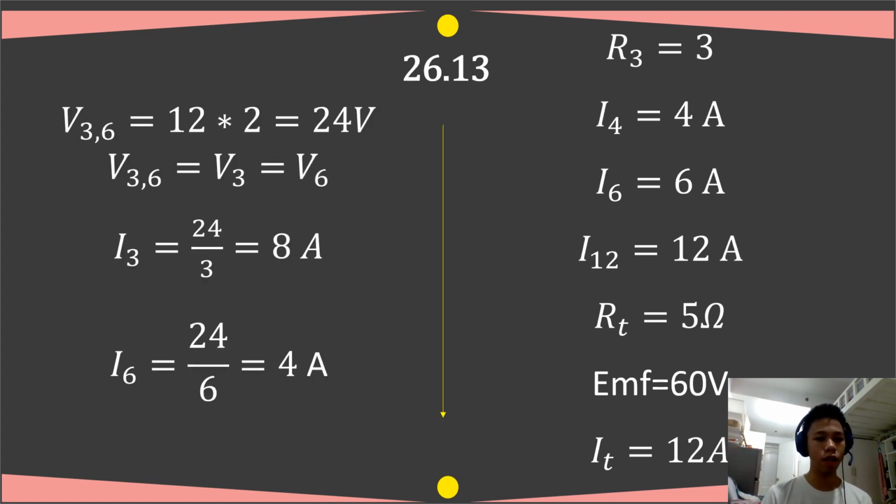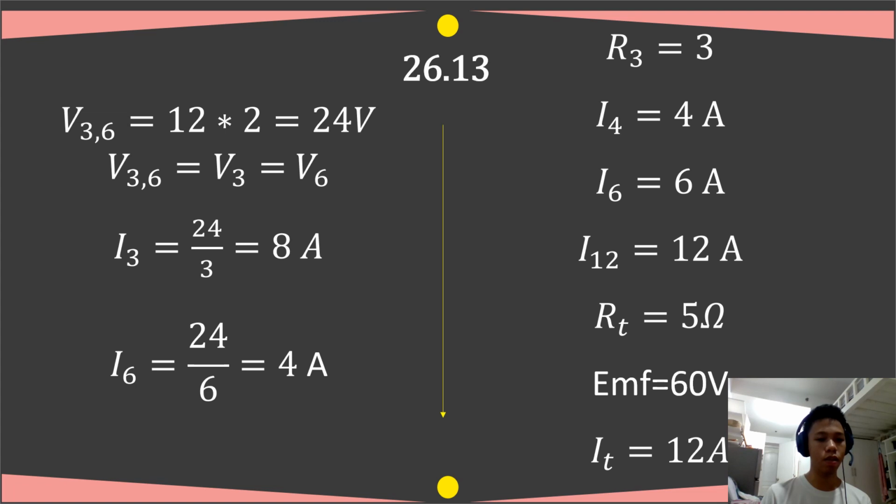After that, you get the voltage across 3 and 6 using V equals IR, and you're going to get 24 volts. Since the resistors are in parallel, the total voltage across 3 and 6 is equal to the individual voltages, so they're all equal to 24 volts.